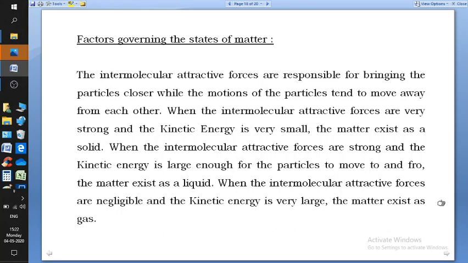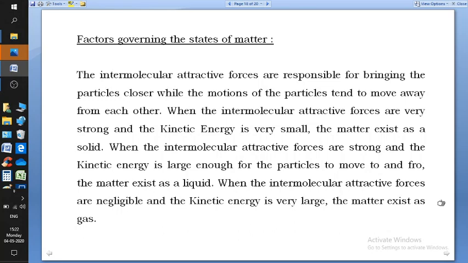Even in a liquid state it exists, but it is a little less. Therefore, they are loosely packed. The intermolecular attractive force between the particles of a liquid is a little bit less, so these particles tend to move a little bit loosely, I mean, a little bit far from each other.